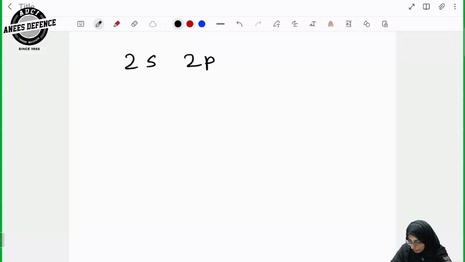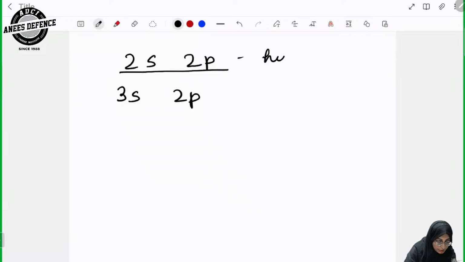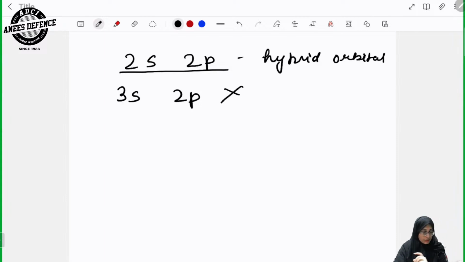But not 3s and 2p. Understand? Orbitals having nearly the same energy undergo hybridization, and they form hybrid orbitals of equivalent, same energy.